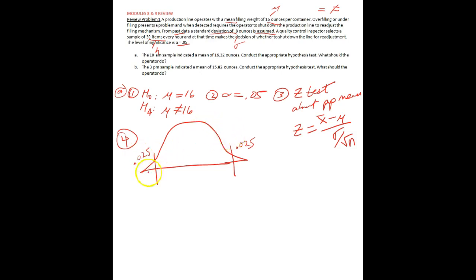Okay, and so then we know that this is going to be the negative z value of 0.025, and this is going to be the positive z value of 0.025, and I know from experience that this is 1.96.